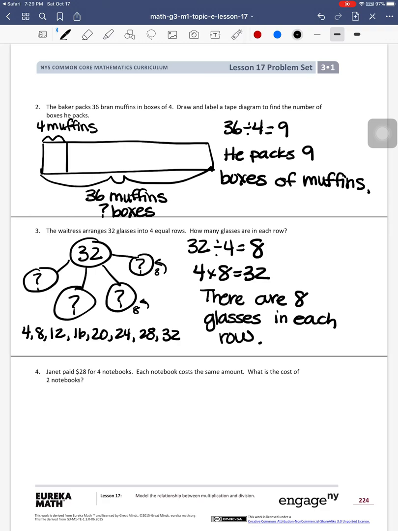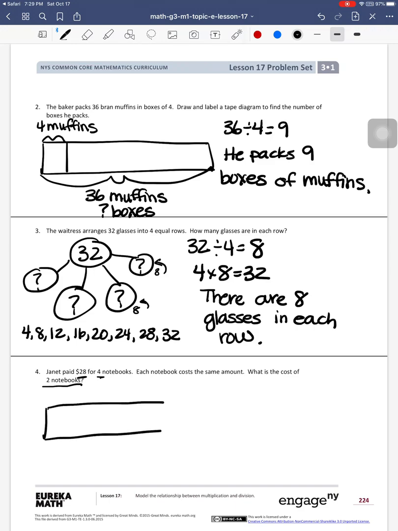All right, 4. Janet paid $28 for 4 notebooks. Each notebook costs the same amount. What is the cost of 2 notebooks? Oh, wait a minute. $28 for 4 notebooks, but I need to know only the cost of 2 notebooks. So I need to figure that out. So let's draw this tape diagram.